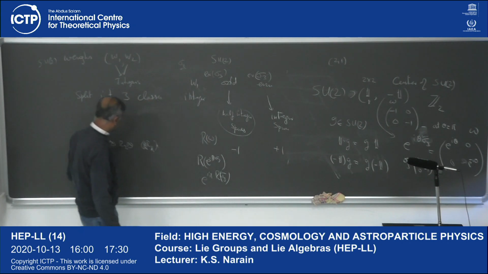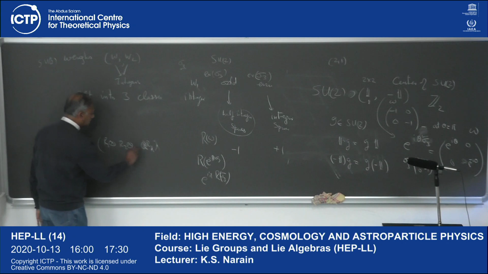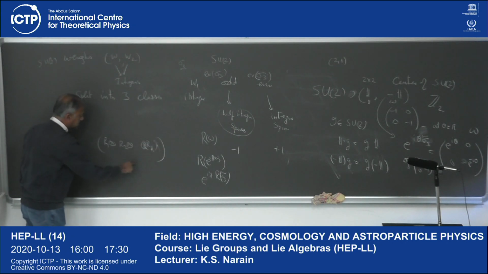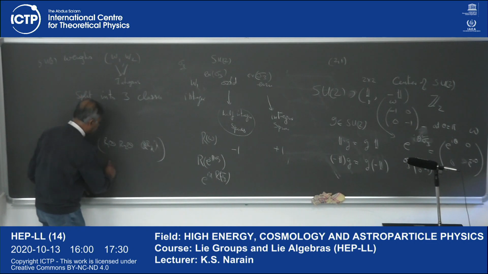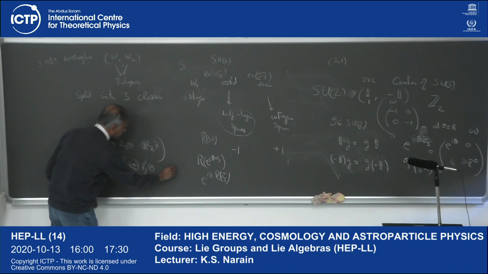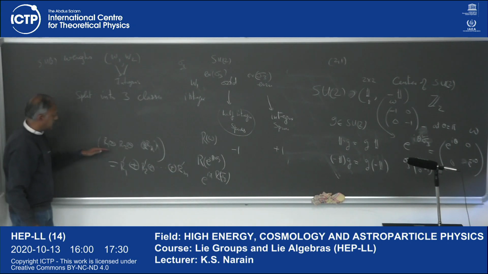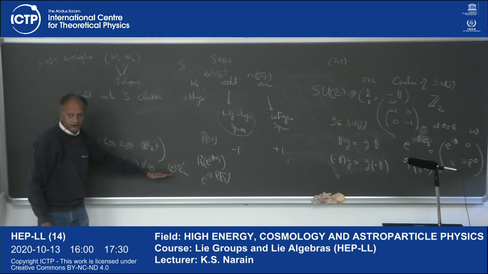So I take the tensor products of them. But now let us ask, which class is the final thing in? This will decompose into direct sums of various representations, right? Some R1 prime, R2 prime, and so on, up to Rm prime. So when you take this tensor product of representations, I can always decompose it in terms of direct sums of irreducible representations.